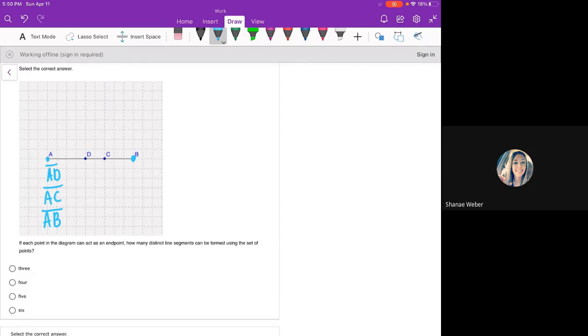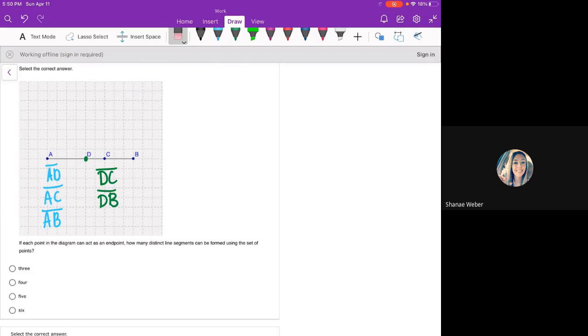Now it looks like there's 3, right? But let's pretend A doesn't exist. And let's start with D. We could do DC. That makes a line. If we pretended like C didn't exist, we could do DB. And we can't really do DA because we already wrote AD.